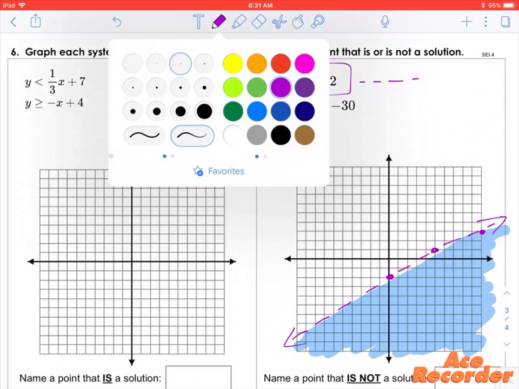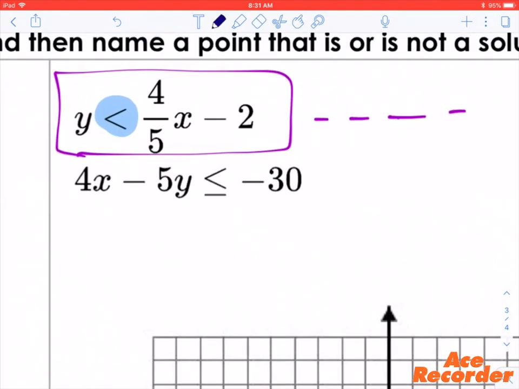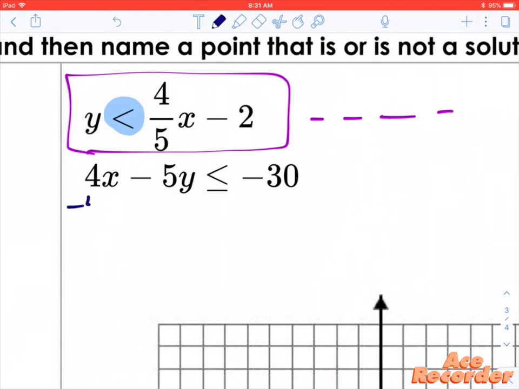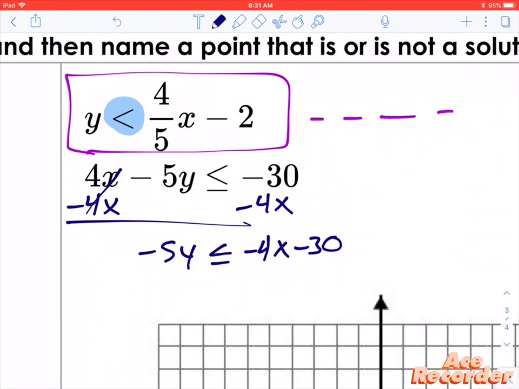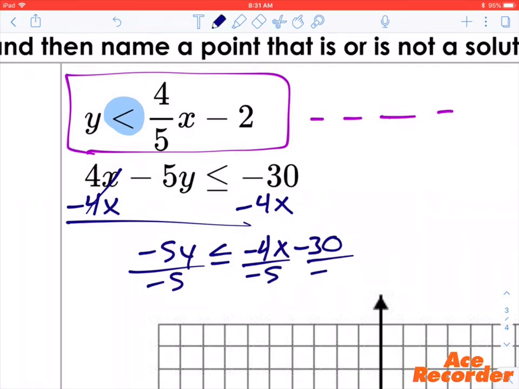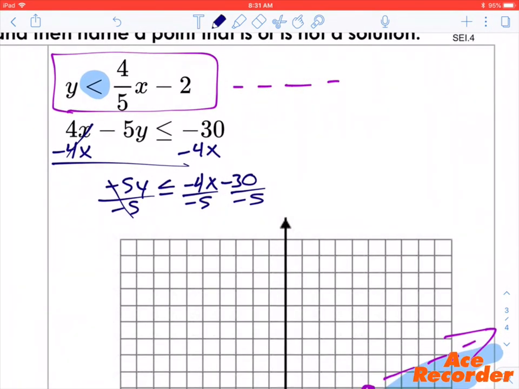And now I look to the other one. Now, the other equation is not ready to graph. Once again, I got to get y by itself. So subtract the 4x, get -5y less than or equal to, don't put these together, just keep them separate, -4x minus 30. And then divide everything by -5. What do you have to do when you multiply by or divide by -5?